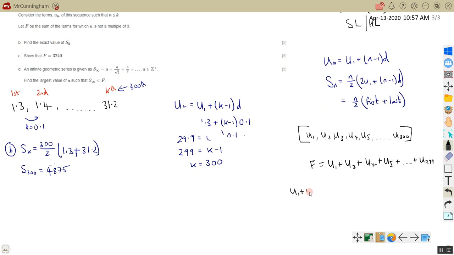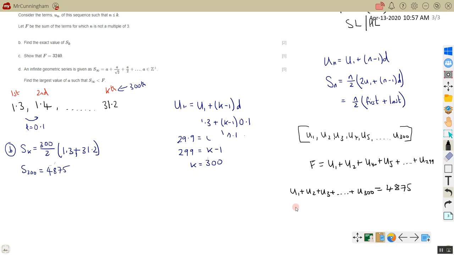I know that u1 plus u2 plus u3 all the way up to plus u300 is equal to 4875. That is what I've worked out from the first part of the question. I want to work out what this is.